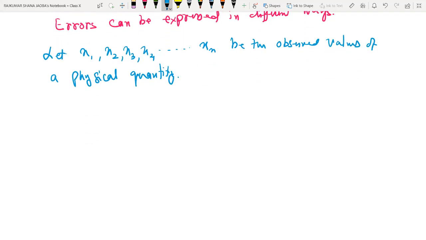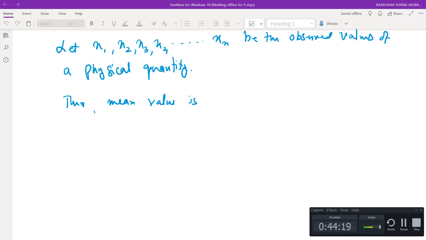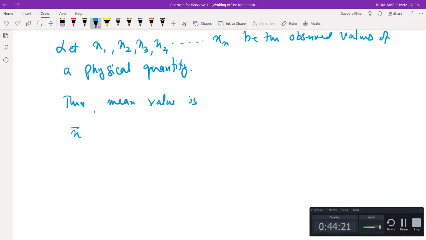Then the mean value is x bar equal to x1 plus x2 plus x3 plus up to xn divided by n.